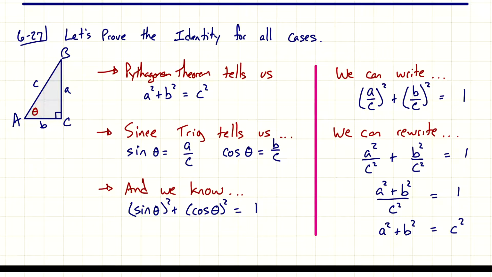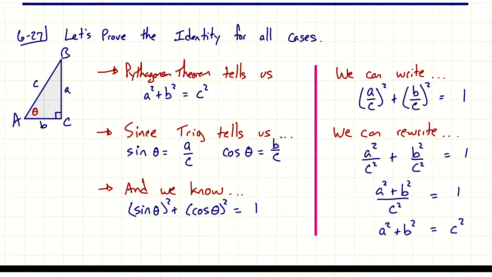And what we've just learned a little bit about trig in this lesson was that sine of theta is going to be opposite over hypotenuse, which is A over C. And cosine of theta is going to be adjacent over hypotenuse, which is B over C. So those are two relationships we know.